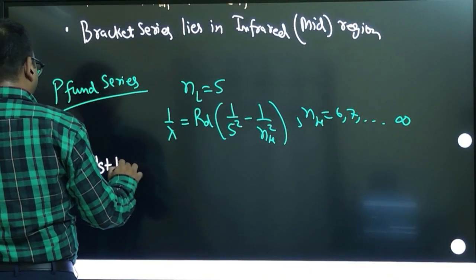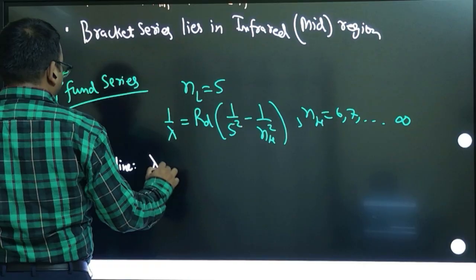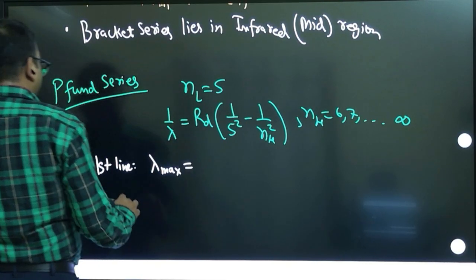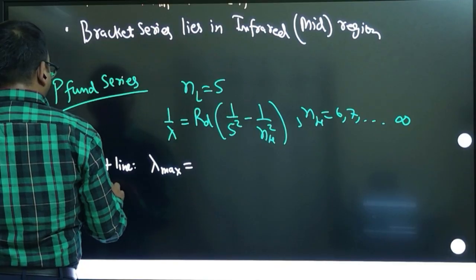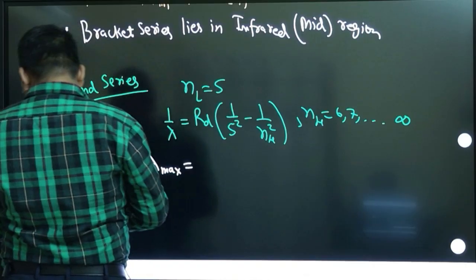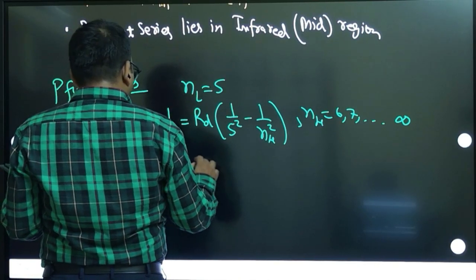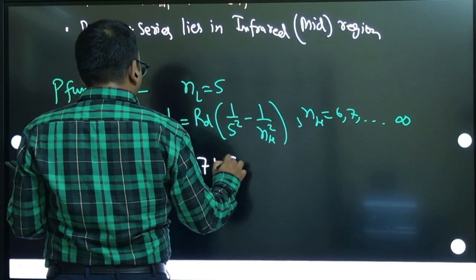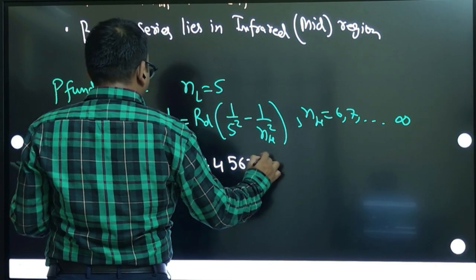First line wavelength maximum corresponds to the 6 to 5 transition. How much will it come? 74,563 angstrom.